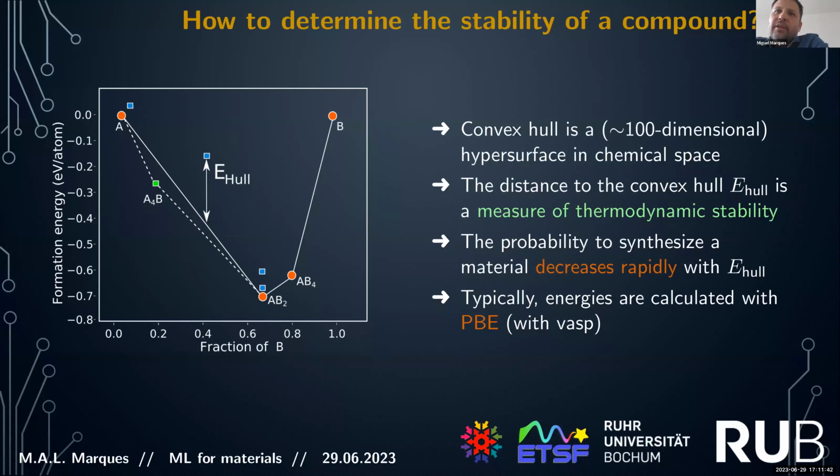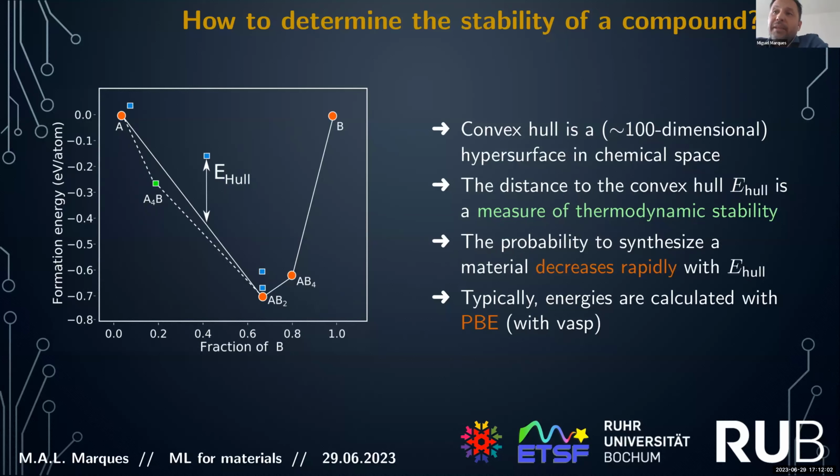So if compounds are close to the convex hull, I can have a hope to synthesize them. If it's on the hull, it should be relatively simple to synthesize. If it's close, I do have some hope. If it's very far away from the hull, it is physically impossible to synthesize it.